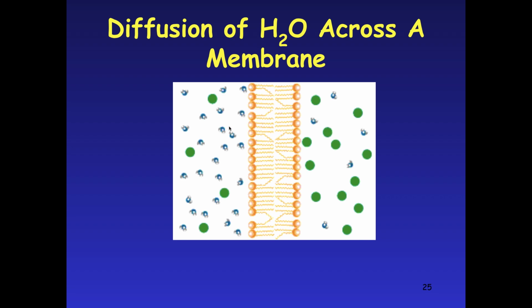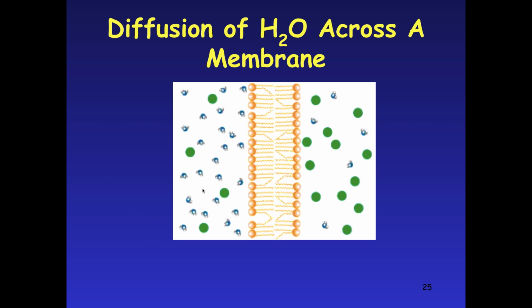So here we've got an example. Look, we've got our phospholipid bilayer, okay? These little blue guys here are water molecules, okay? And the green dots are the solute. They could be an example of, like our experiment the other day, salt, sugar, or starch, okay?